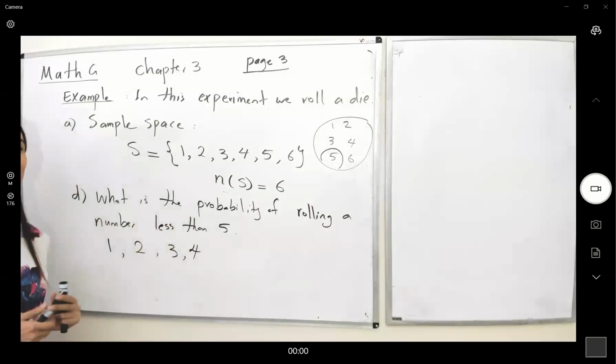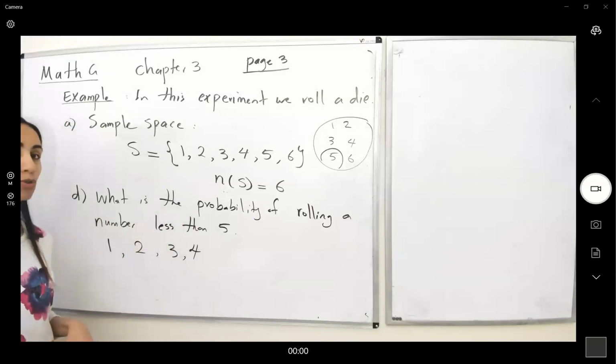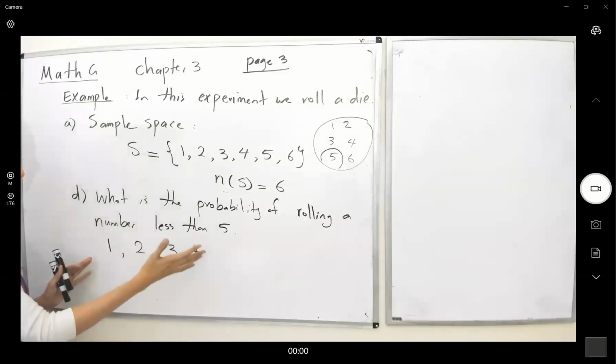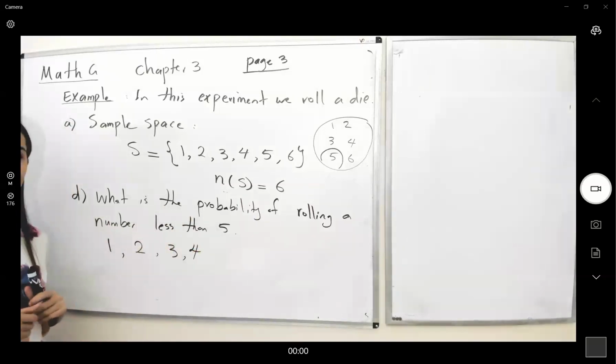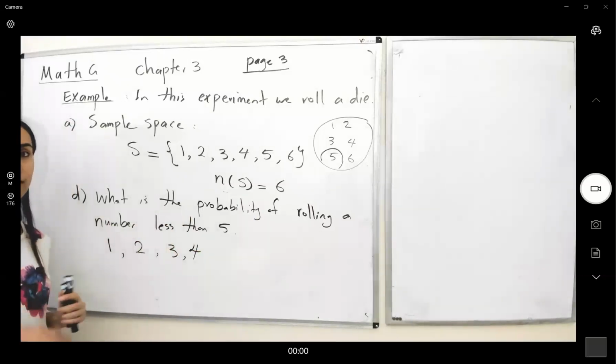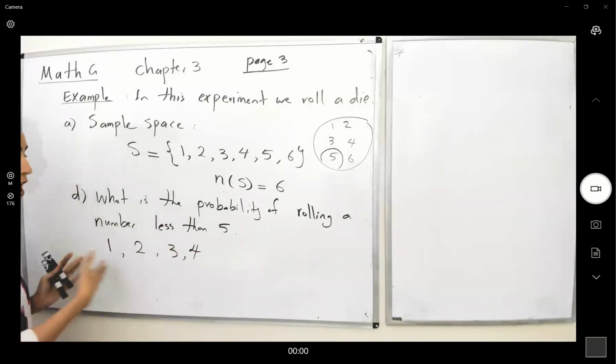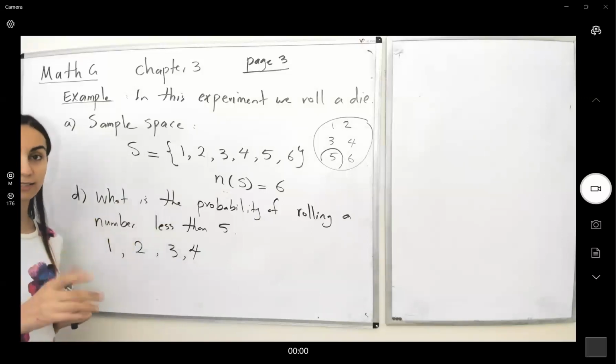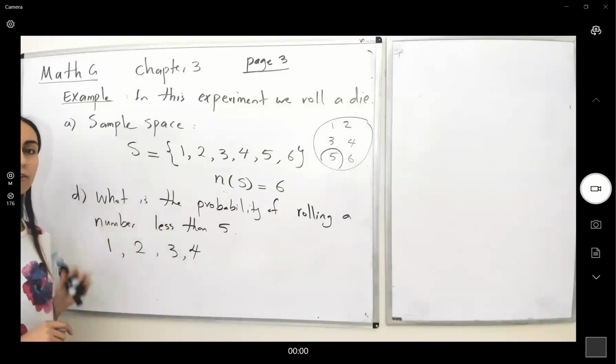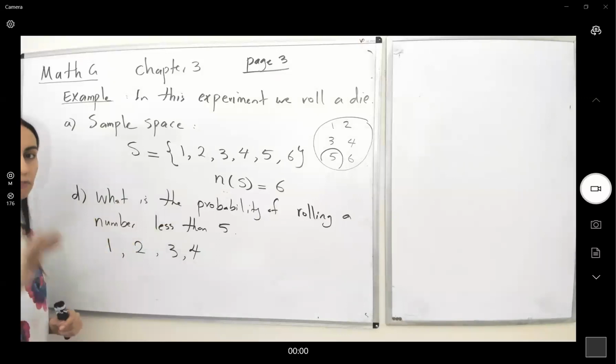So what is the probability? How do we calculate the probability? Actually, in this case, you have 2 options. Why is that? You can either consider the numbers less than 5, or you can simply say that, hey, I know the complement of this set is the set including 5, 6, greater than or equal to 5.